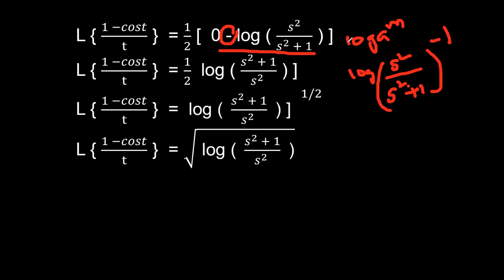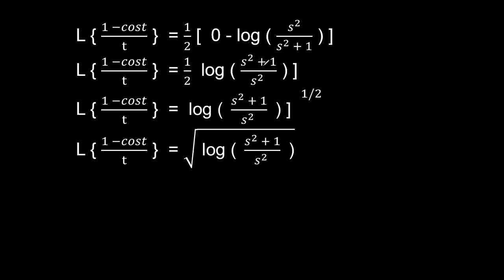What is minus? Minus is nothing but minus 1. So if you take this minus 1 to the power, then when you have a power of minus 1, the denominator term will be shifted to the numerator, and the numerator term will be shifted to the denominator in the log function. So this term can be simplified as log of s square plus 1 by s square.